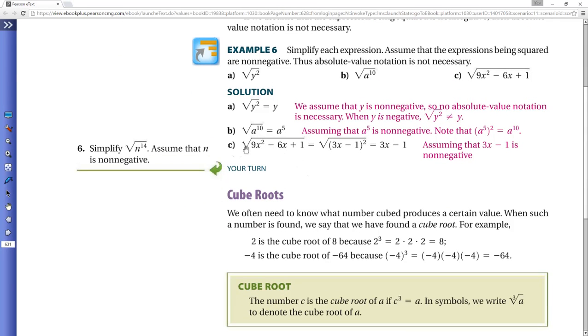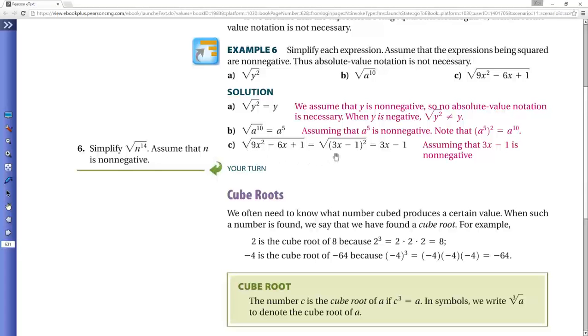So let's look at C here. We got the square root of this trinomial, 9x squared minus 6x plus 1. And what they did is they factored that again. There's that factoring stuff coming back. And they recognize that this is a binomial squared. Is 9x squared something squared? Yeah. And then I check this last term, it's 1 something squared. So I got the possibility of this being a binomial squared. I think about what the terms would be.